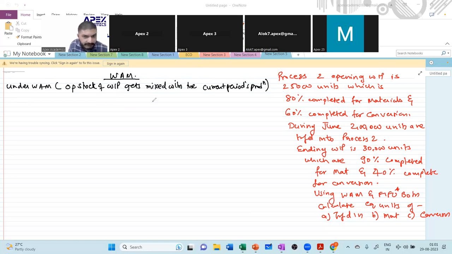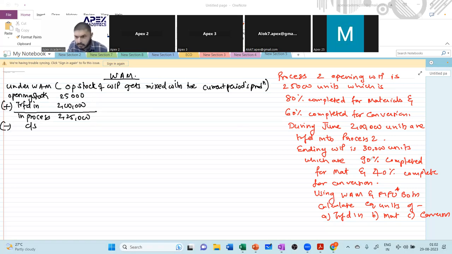So let's begin. What are we looking at? We are looking at an opening stock of 25,000 units. Transferred in from another process, I can see that it is 2 lakh units. So in process, I have 2,25,000 units.